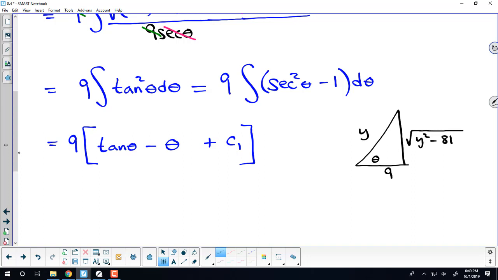And then that way we can get tangent. Okay, so tangent is the opposite side over the adjacent, the square root of y squared minus 81 all over 9. And theta was what? The inverse secant of y over 9?